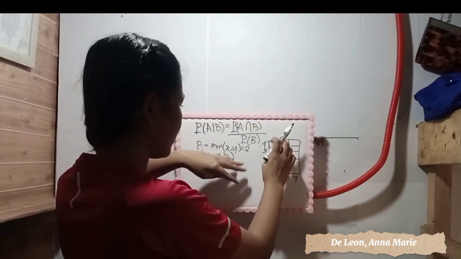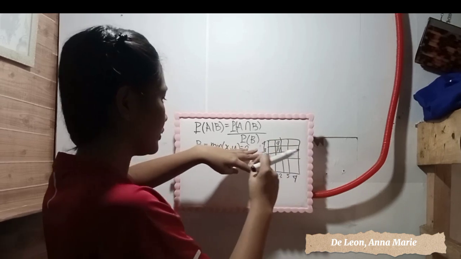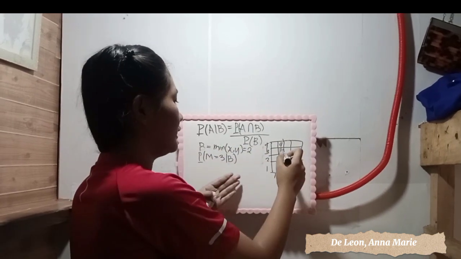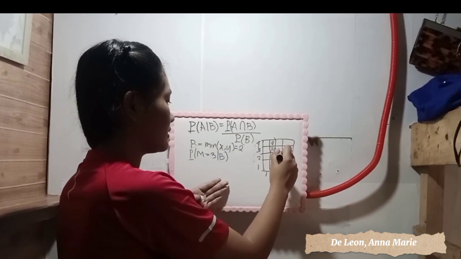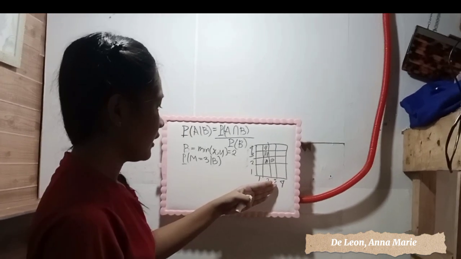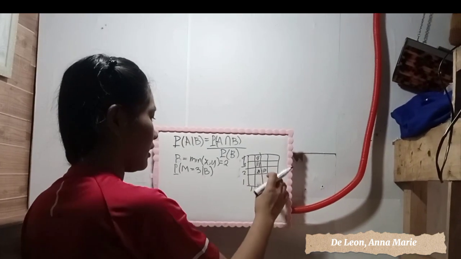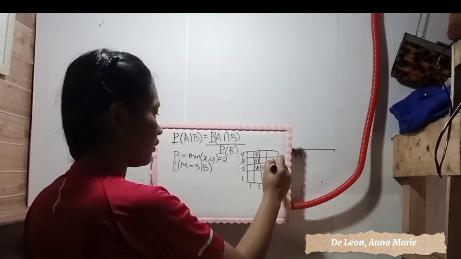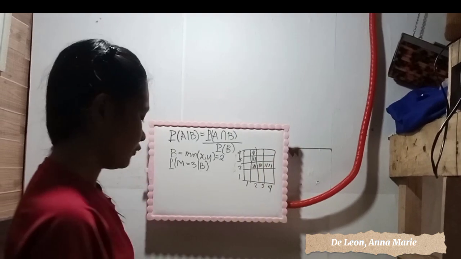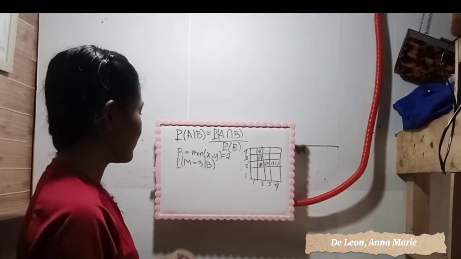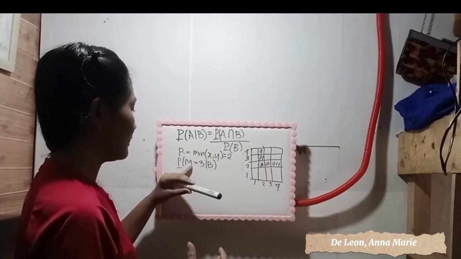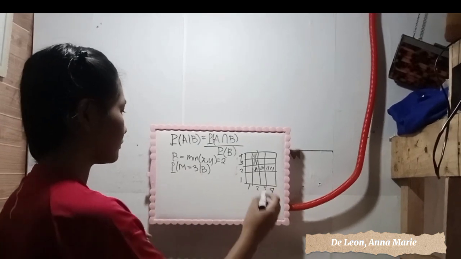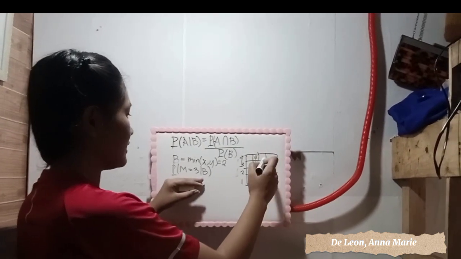The third roll is equal to 4 and the minimum is 2, and the second roll is 3 or 2, and then the maximum is 3 or less than 3.